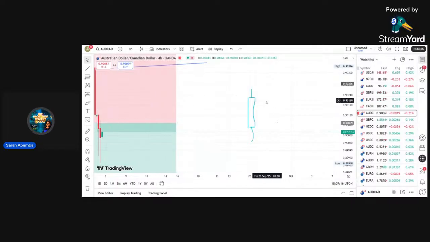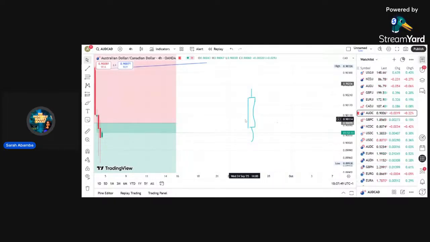Whereas if it is a bearish candle, the close is below and the open is above. So let's say for a bullish candle, it opened at $1, then it closed at $2. That makes it a bullish candle because it increased in price for that time frame. But when it decreased in price, let's say it opened at $2 and it closed at $1, that makes it a bearish candle. Why? Because the value decreased in price.